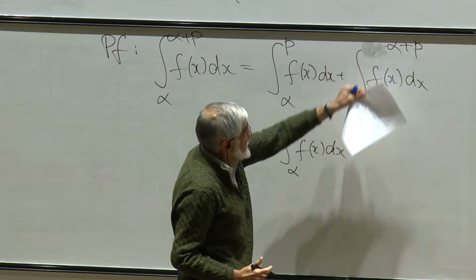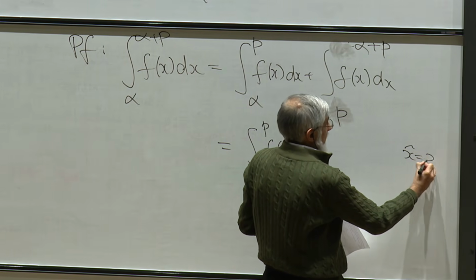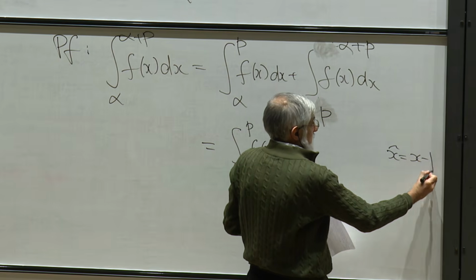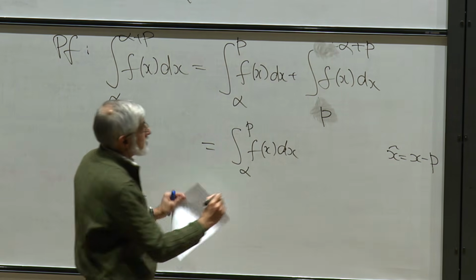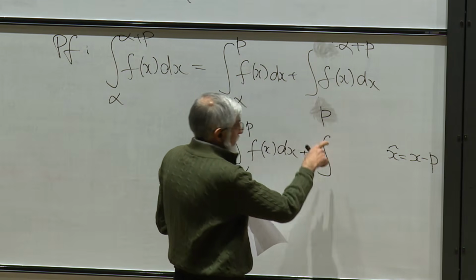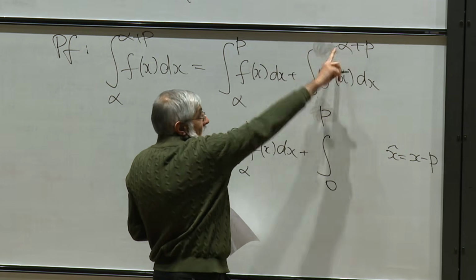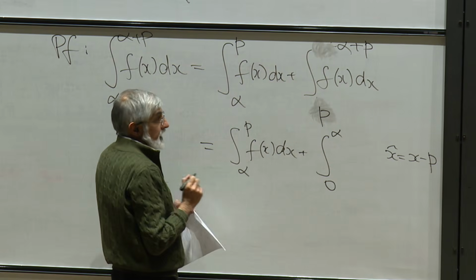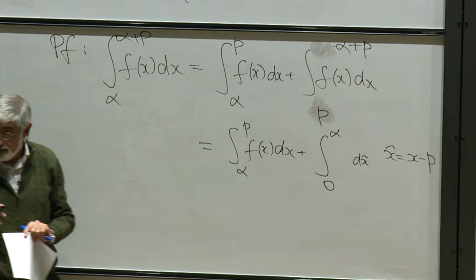And now for this one here, let's put x hat to be x minus p. So x hat will go from 0 to alpha. dx hat will be dx.